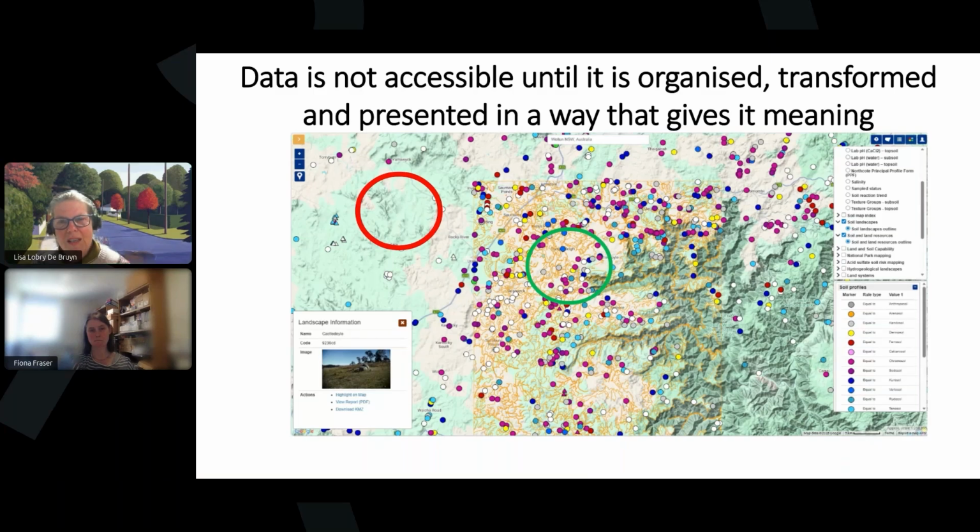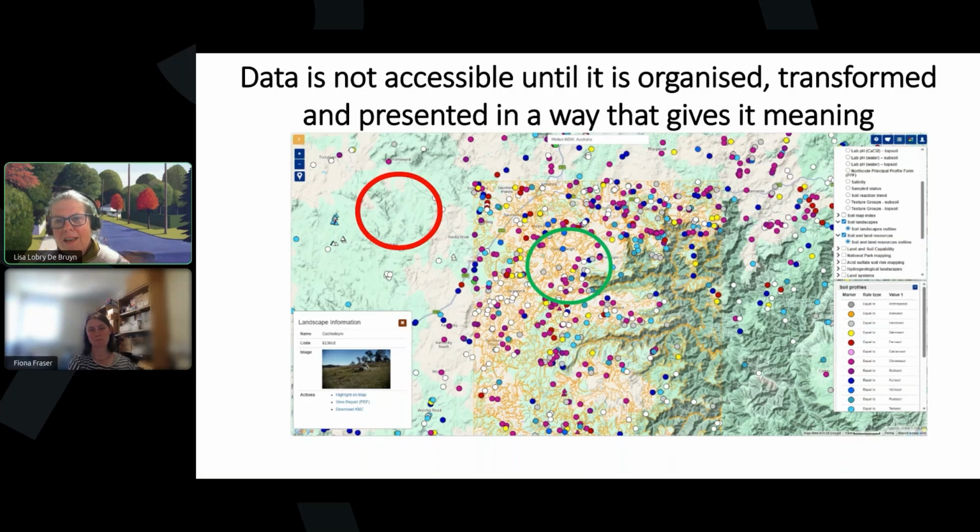So you have a soil map that has been made. You have actual points characterizing the soil types, which are in the legend here. And if you clicked on a polygon, you would get a description of that soil landscape layer.